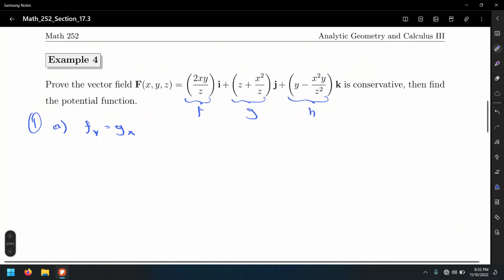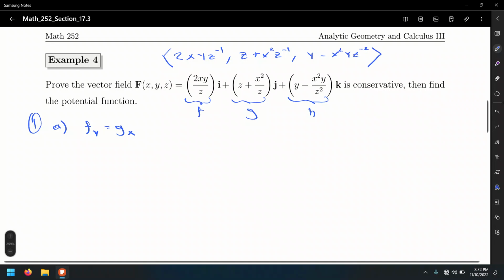And I would rewrite this as 2xy z to the negative 1 in the direction of i, or let me use component form instead, because these quotients we may need them in a different format so we can differentiate them. x squared z to the negative 1, comma, y minus x squared y z to the negative 2. Okay?